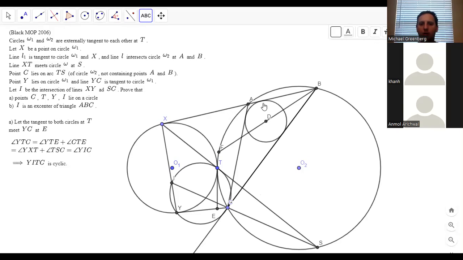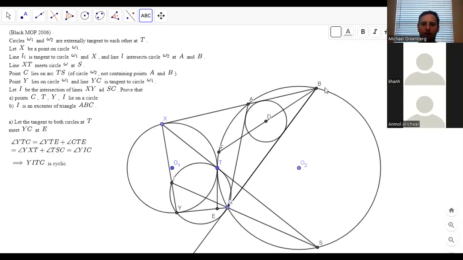Let me write it for you. Don't you prove that those are similar first? I prove it because angle SBT is equal to angle SXB.